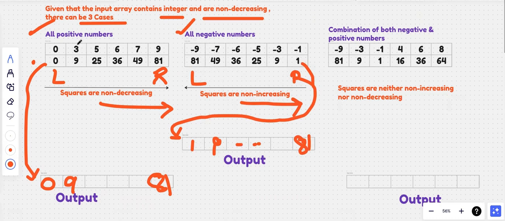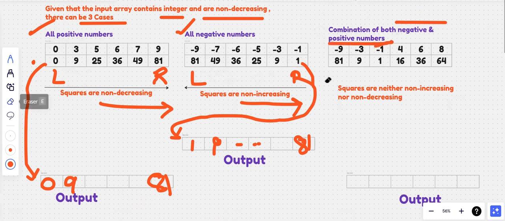So we conclude that for the array which contains only positive numbers, we have to traverse the squares from left to right. And for negative numbers, we have to push the elements of the squares of the numbers from right to left. Now, the third case where the array contains both negative as well as positive numbers.